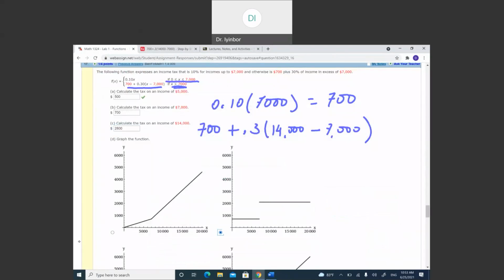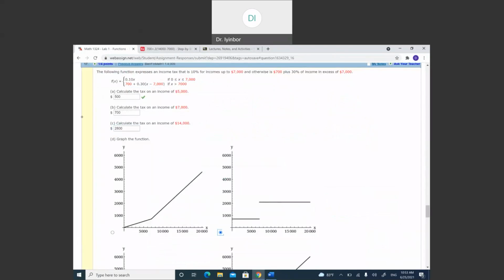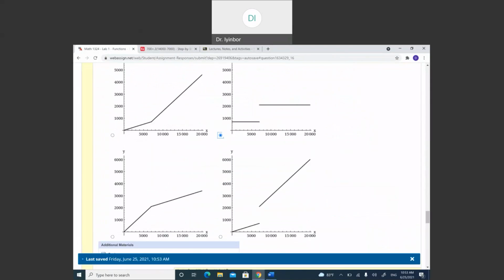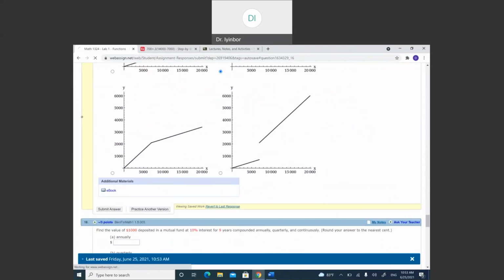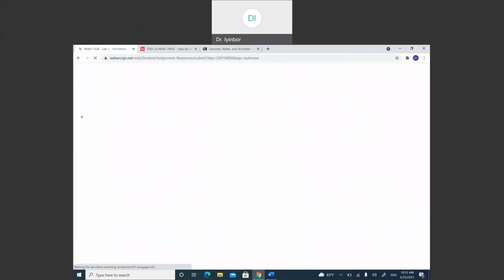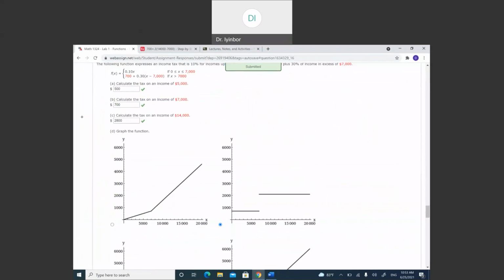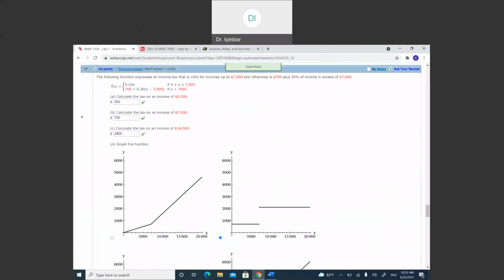And now we have to figure out which one is the right graph. I accidentally clicked on this, but it's not that. So how are you going to find which one is the right answer? If you want, submit those three so you can make sure you're right, and then we can find the right graph. So this is how you're going to do it. Obviously, 7,000 is the place where the graph is going to split. You're going to have two graphs.